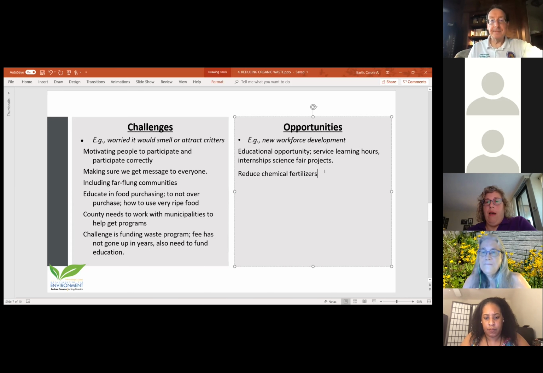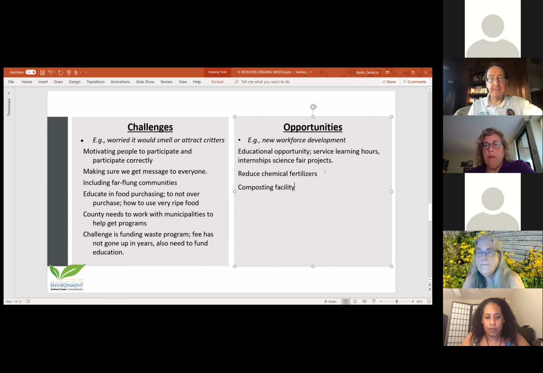Amy. Is the composting facility that's currently in operation, do they offer ripe compost for sale to the residents or free pickup?